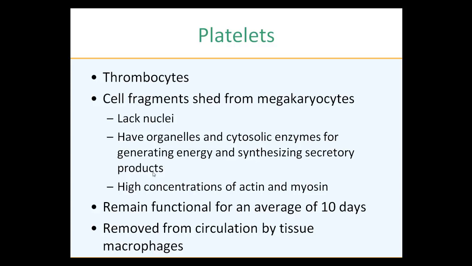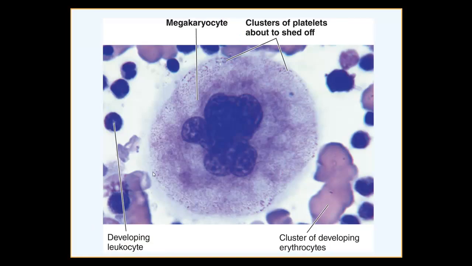Once they are stimulated, the actin and the myosin slide over each other, causing changes in the shape and the contraction of those cells. And we'll talk about that when we get into the aggregation of the platelets and the activation of the platelets. The platelets will remain active for about 10 days, and they are removed once they start dying by the macrophages.